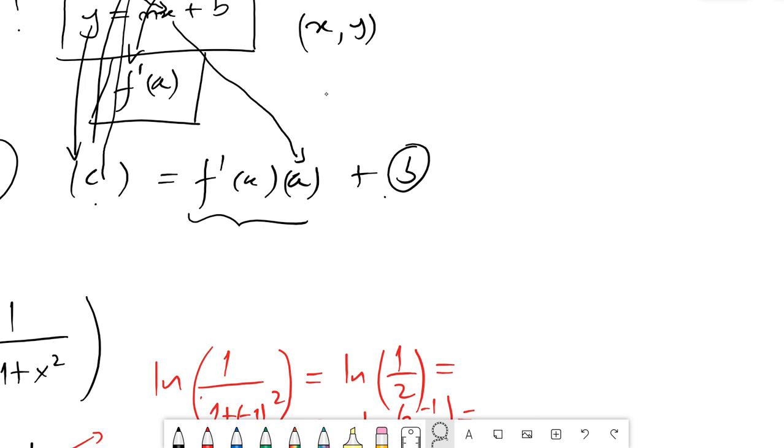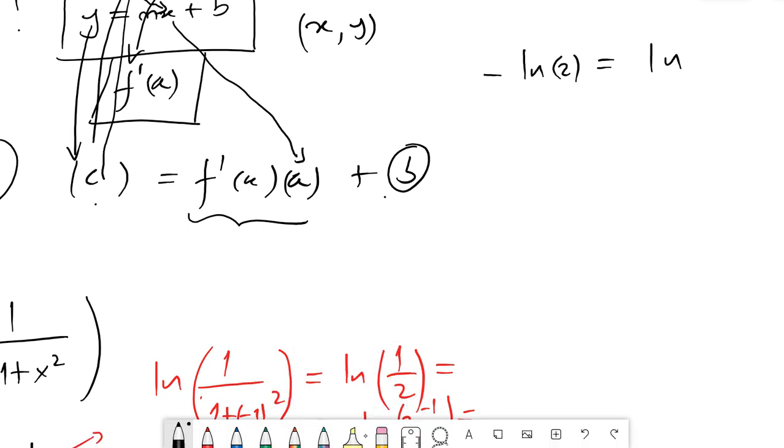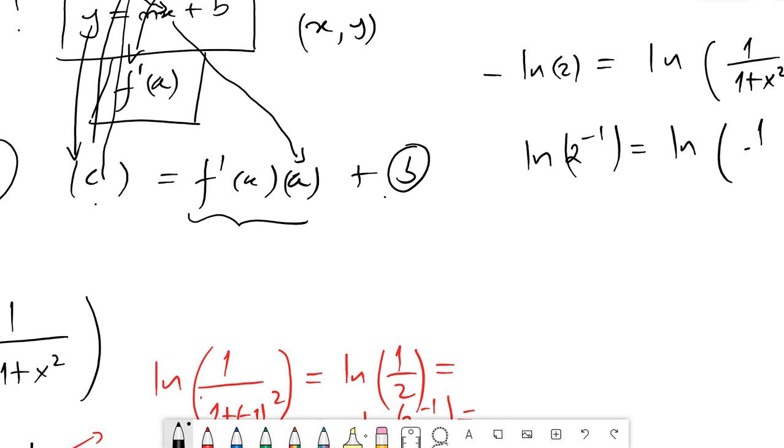Well, what about we do minus ln of 2 equal to ln of, sorry. So that's ln of 1 over 1 plus x squared, right?